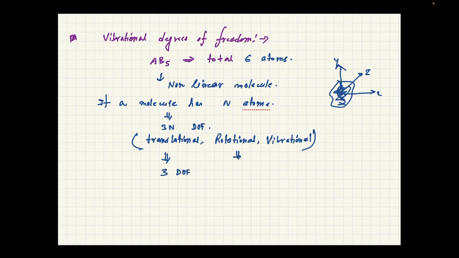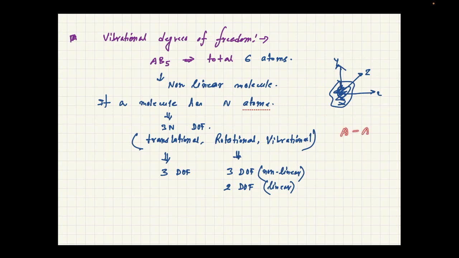And if it is a non-linear molecule, then there will be 3 rotational degrees of freedom, or if it is a linear molecule, then there will be 2 rotational degrees of freedom. Because for a non-linear molecule, you can rotate along x, y, and z, so there will be 3 independent rotational degrees of freedom.